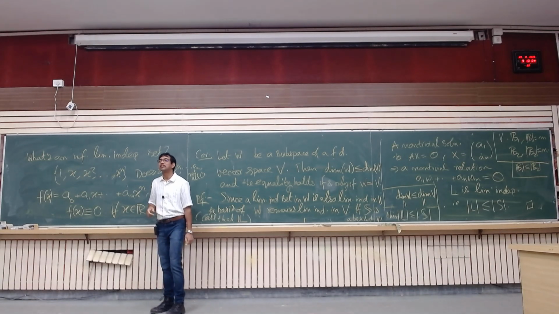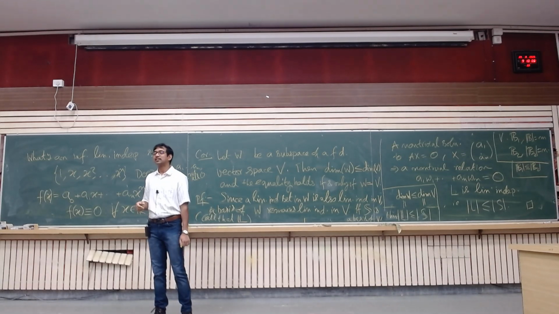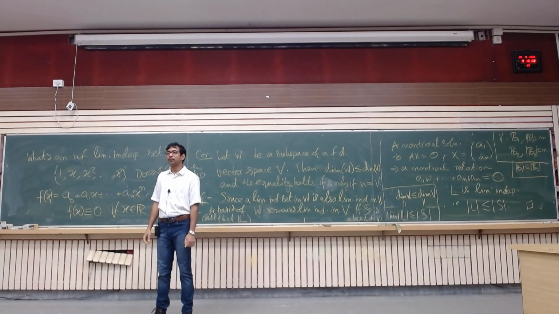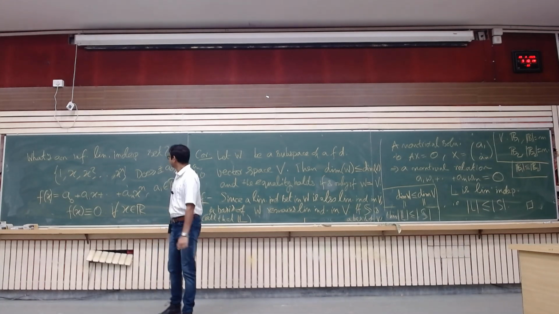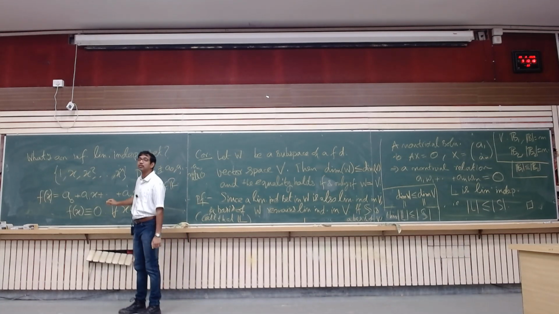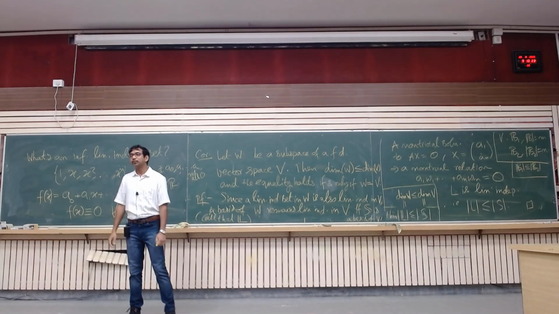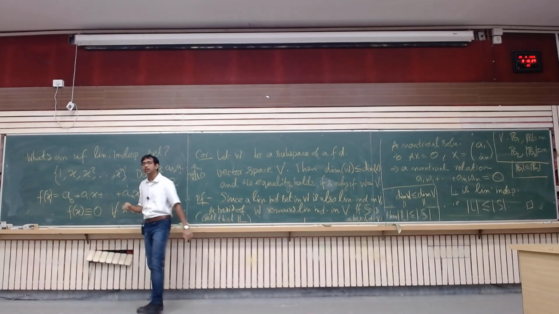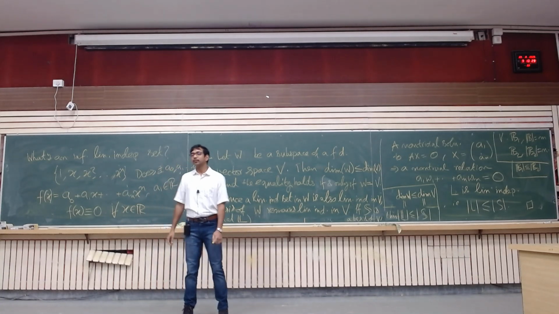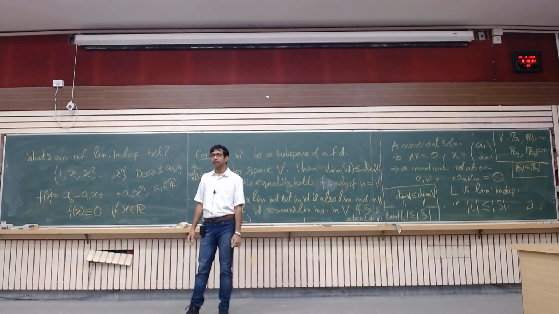Yes. If we assume there exists a non-zero a_i, and it should be true for all x belonging to R. If you assume a_i x to the power i is not equal to 0, then you can just put x to be anything like 1.